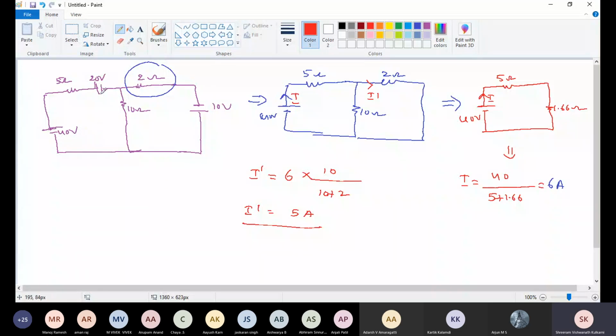If I consider this 20 volt, I get I double dash equal to minus 2.5 ampere, minus because of the polarity here, the current will flow like this.